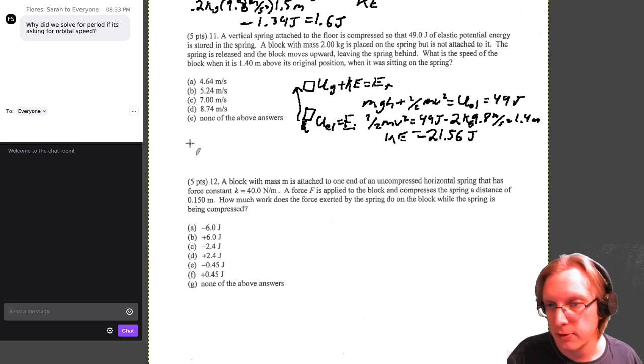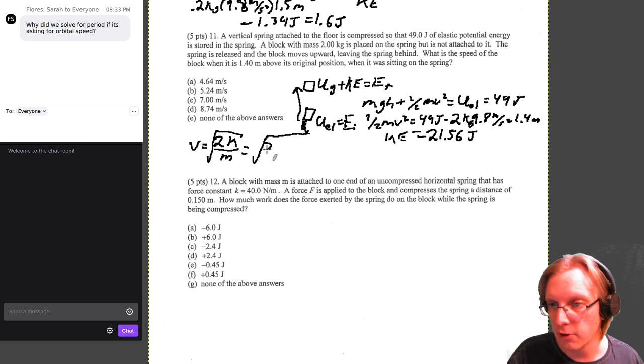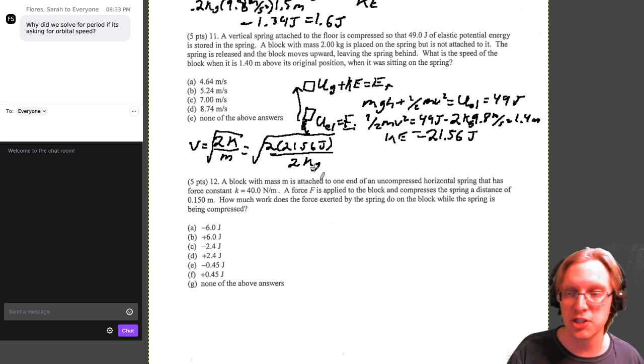Velocity V is equal to the square root of 2 kinetic energies divided by mass. So that's the square root of 21.56 joules divided by a mass of 2 kilos. Joules divided by kilos is meters squared per second squared.